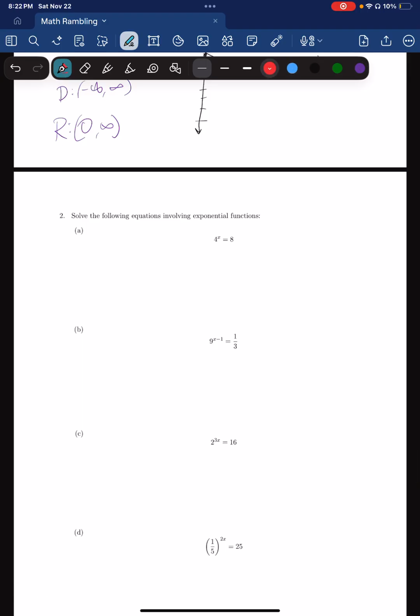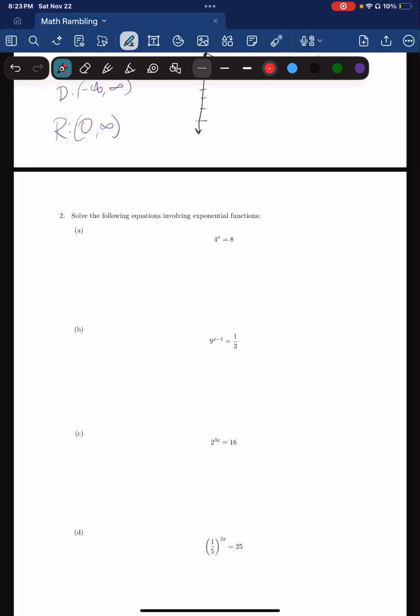All right. Solve the following equations involving exponential functions. Okay, I'll try. So let's see. How should we do this? Looking at 4 and 8, I have a sneaking suspicion that they are both powers of 2.